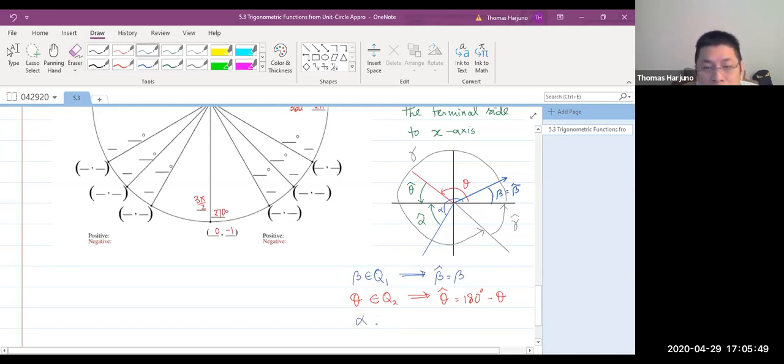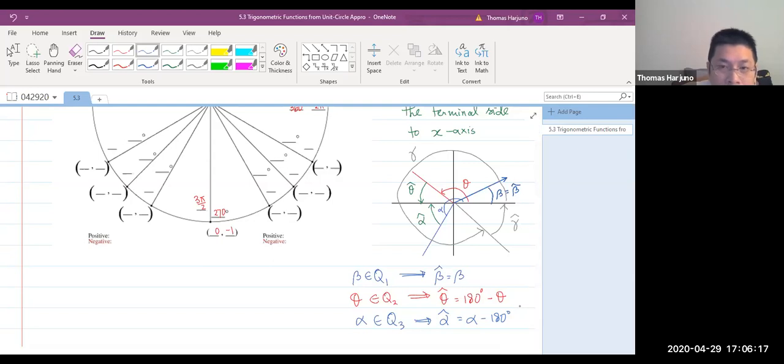You see this alpha is more than 180 degrees, in quadrant 3. So the reference angle must be that angle minus 180 degrees. Try not to memorize this formula, but look at it from the picture.